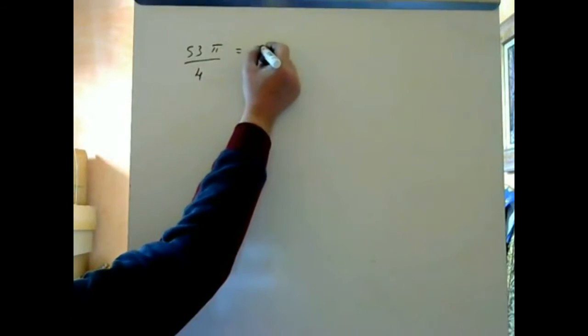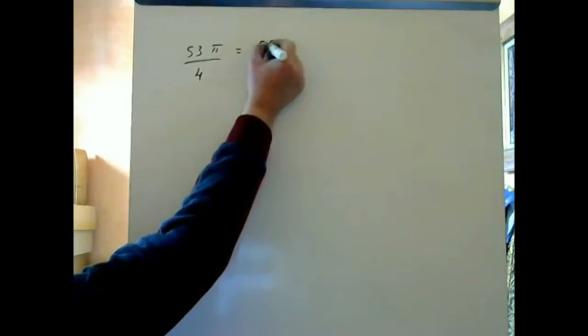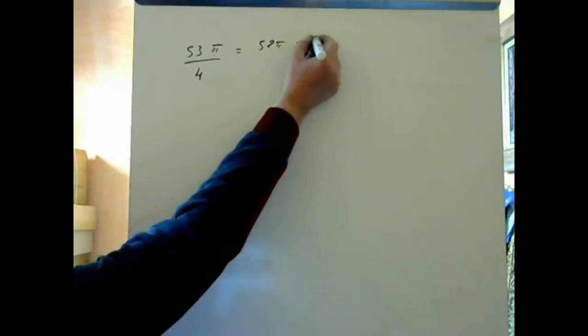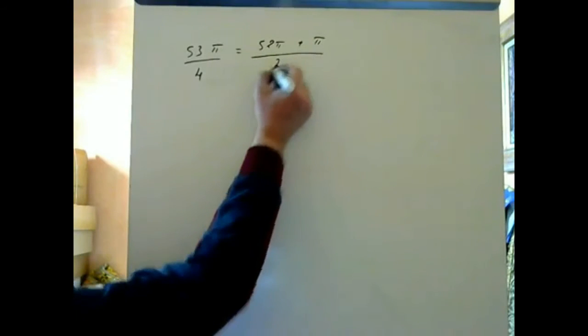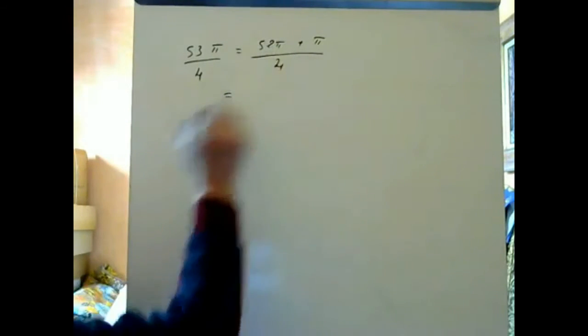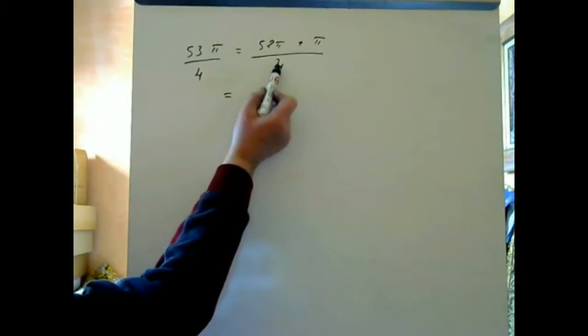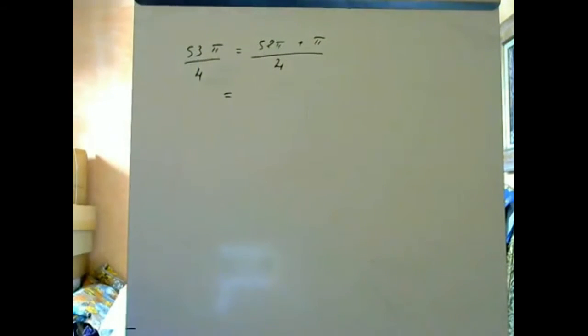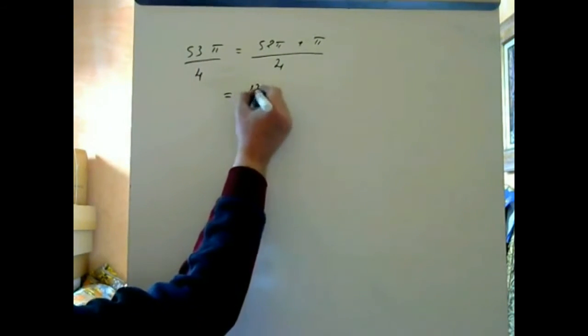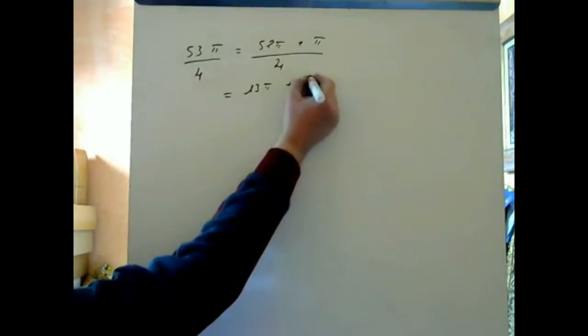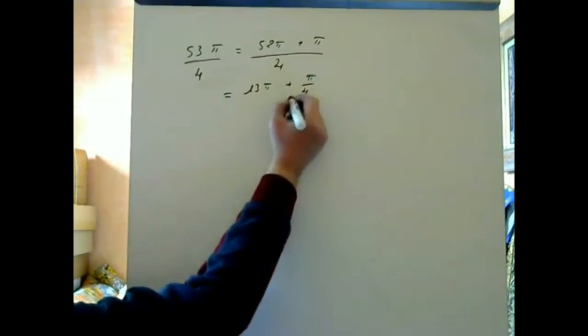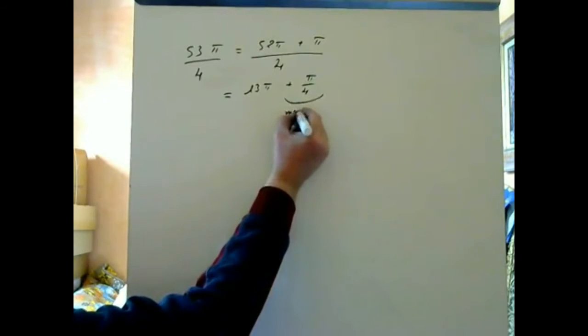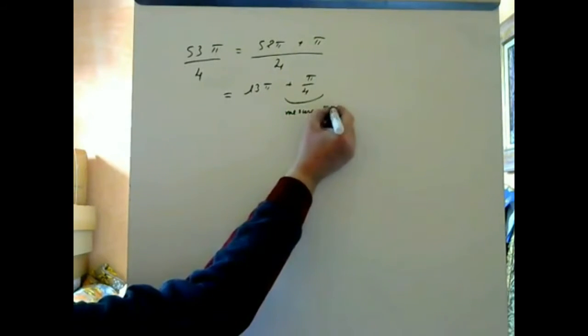So it's 13. 13 pi. So we have 52 pi over 4. And simplifying this, I'll get 13 pi plus pi over 4, with pi over 4 being our principal angle.